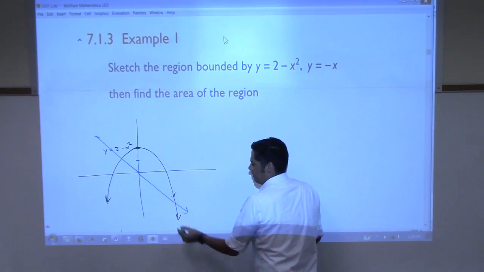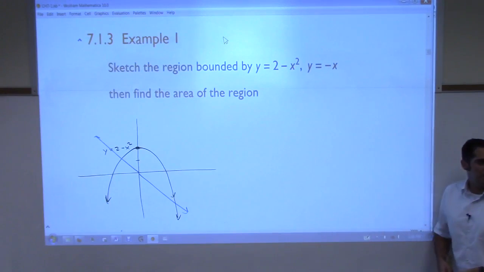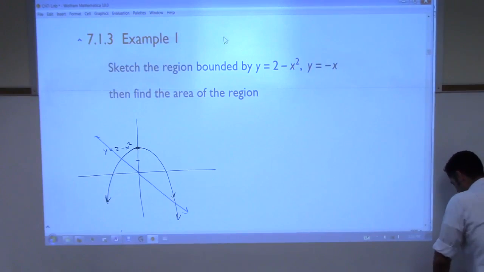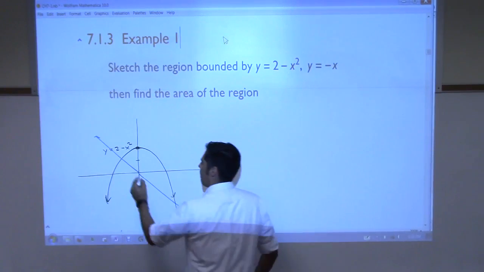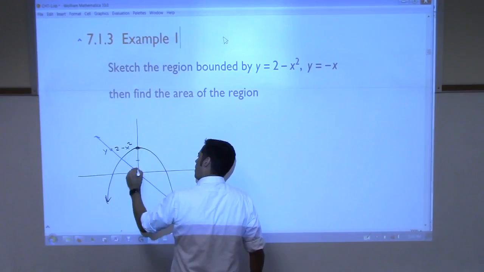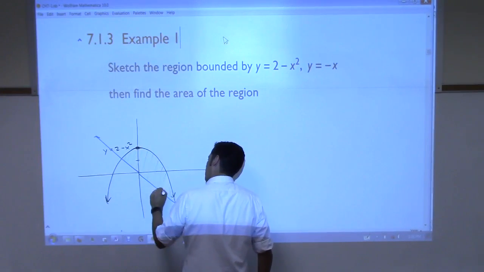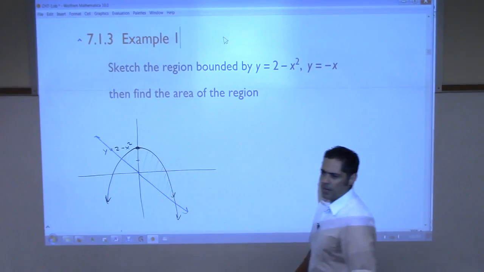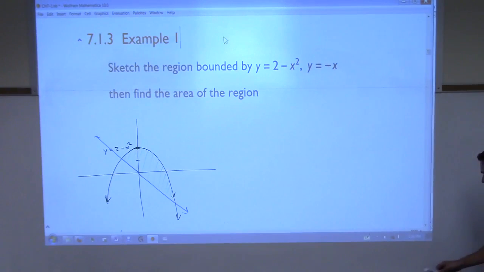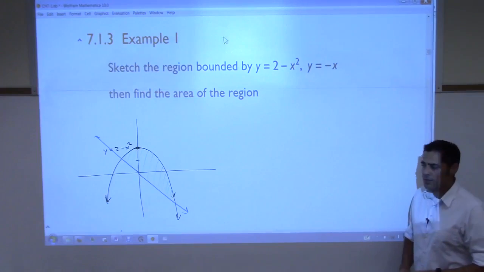Like this. So do you see the region that's bounded by both? Yes? That's obvious to you. Here's our region. We want to know the area of that region.